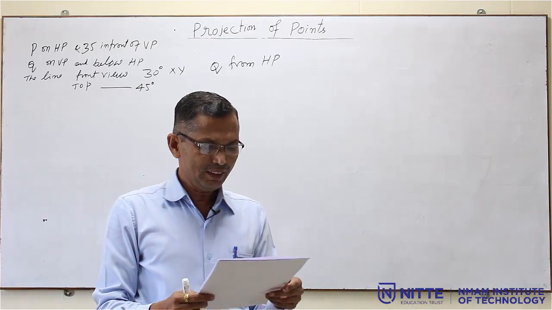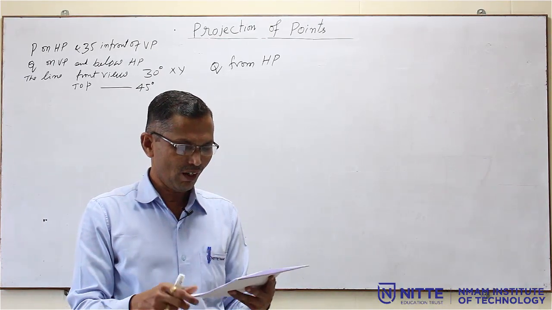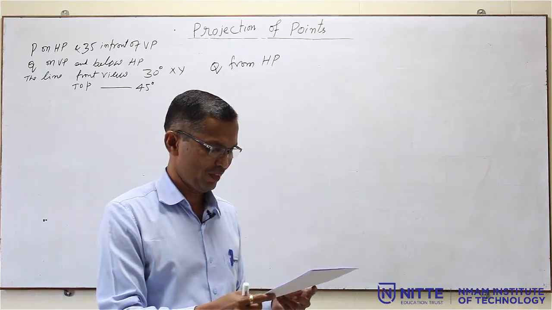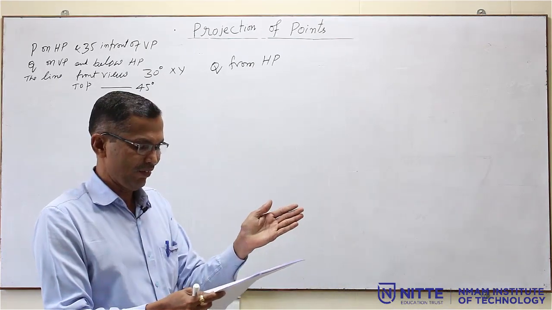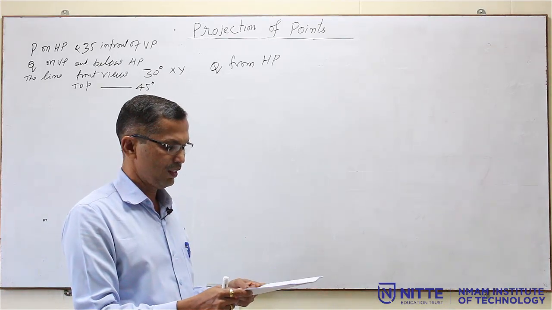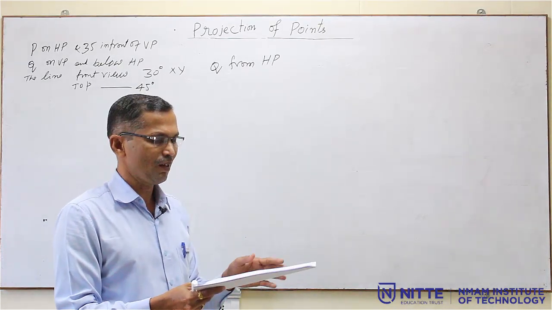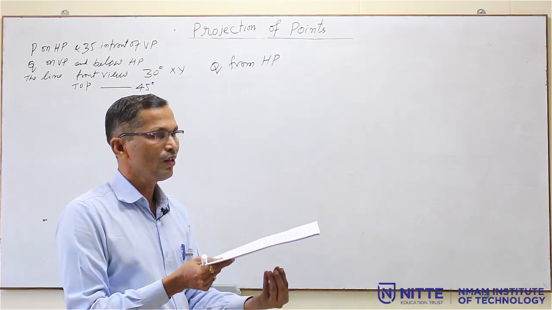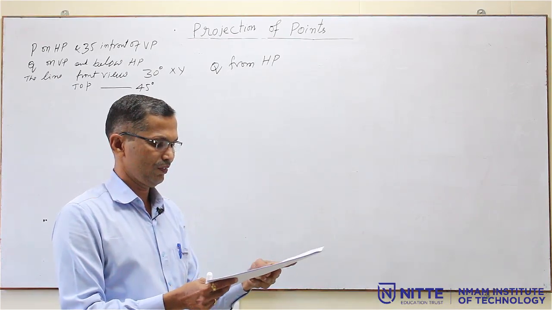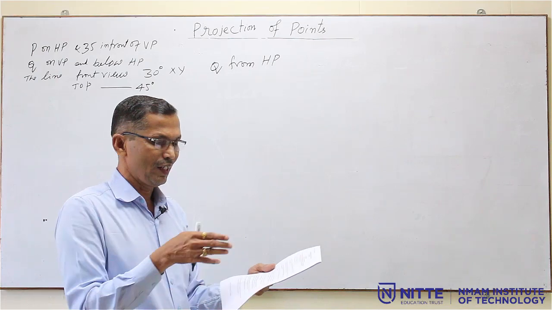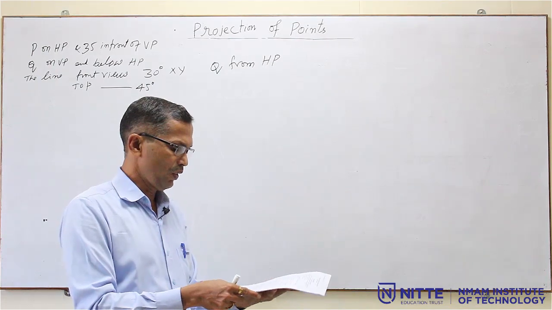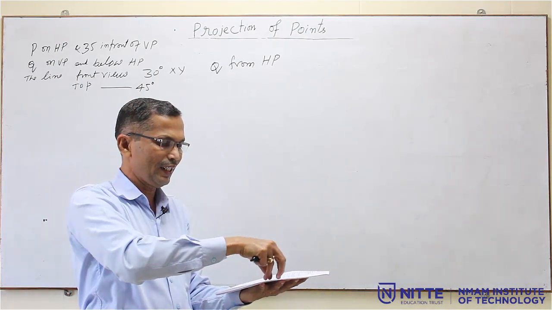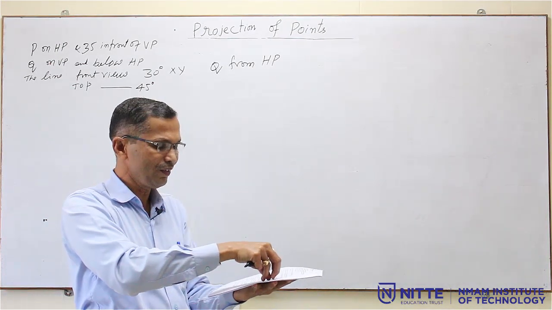Now, in this problem, point P is on HP and 35 mm in front of VP. In front of VP means the point can belong to either first quadrant or fourth quadrant. Instead of giving above HP, they have told directly on the ground or on the horizontal plane.